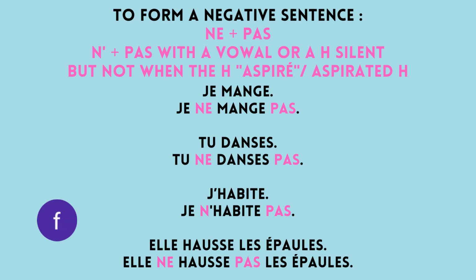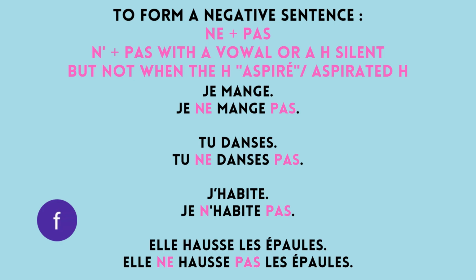Je ne mange pas. I do not eat. Let's have a look at the next sentence. Tu danses. You dance, in a singular form. Let's transform this one into a negative form, which becomes tu ne danses pas.